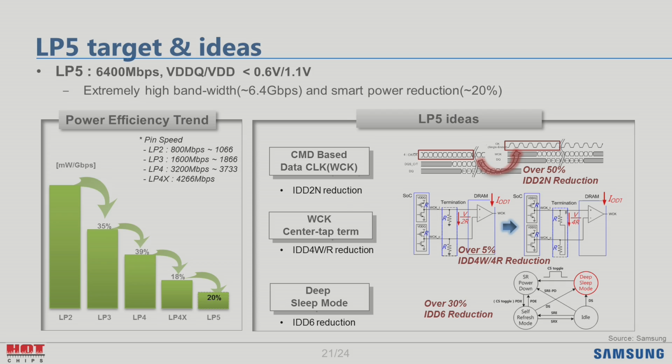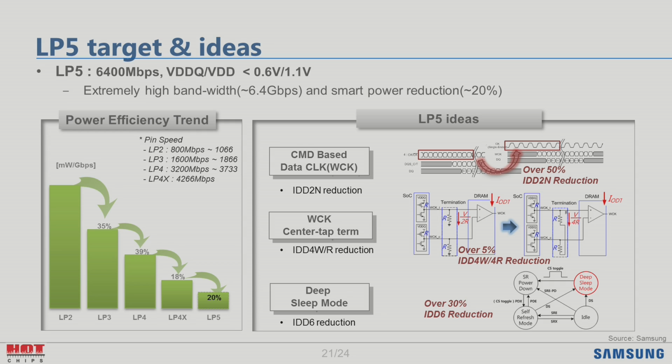The future power level is reduced around 20% compared to the LP4X. In the future, the power efficiency will continuously improve over time. The left picture shows the operating power reduction, but the reduction of standby power is not easy.